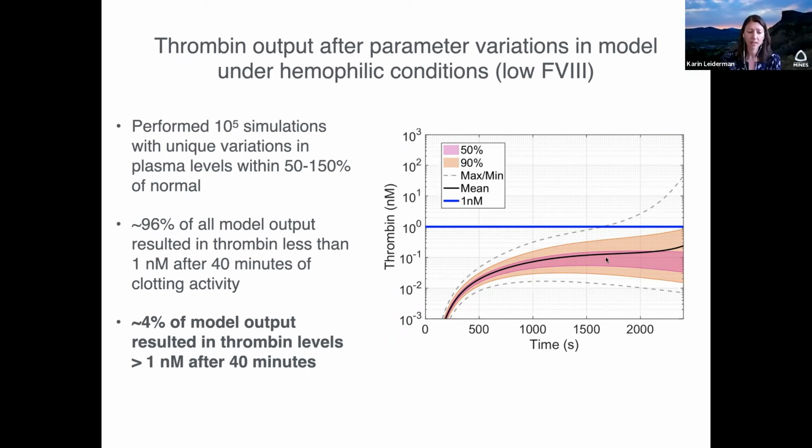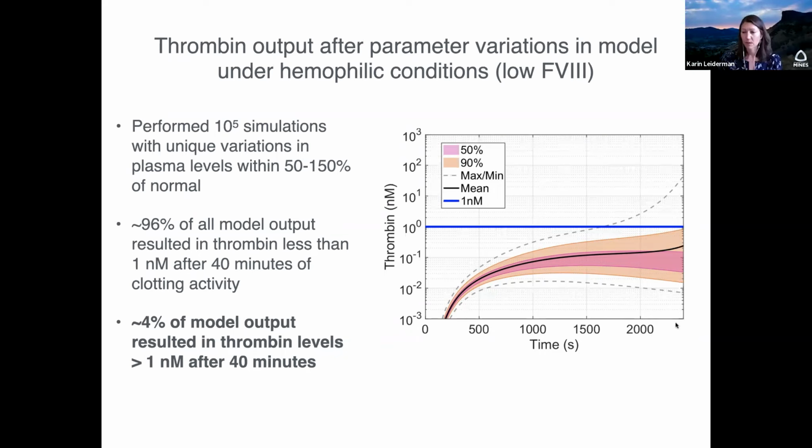Time is on the x-axis and thrombin concentration is on the y-axis. This is actually on a log scale, but you don't need to pay much attention to that. It goes out to 40 minutes of time.